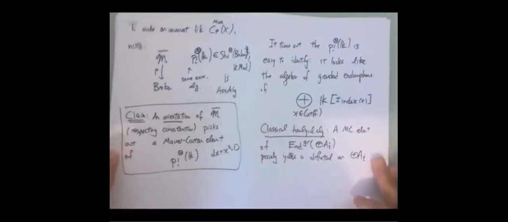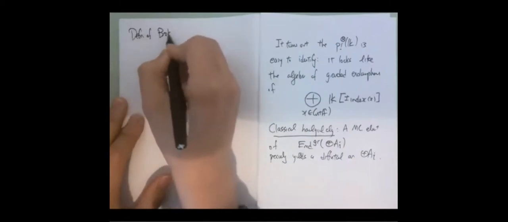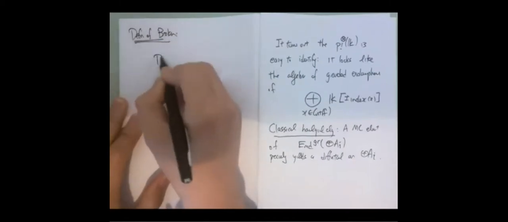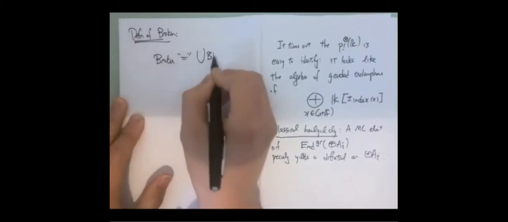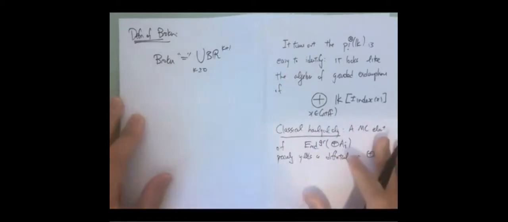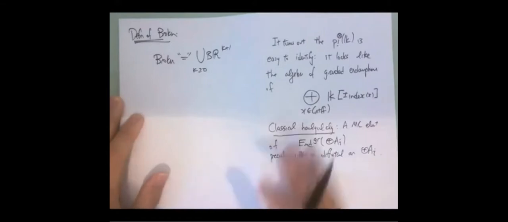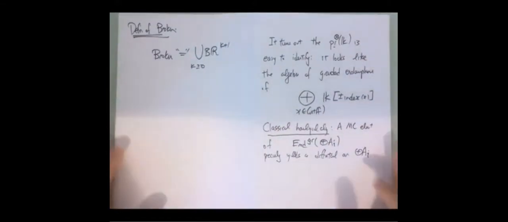Okay, so now I actually like to get to some more concrete math. Let's at least talk about the definition of broken. If you recall, I gave this very informal definition of what broken was. So now let me actually define it. As with most stacks, I'm going to define it as classifying something.